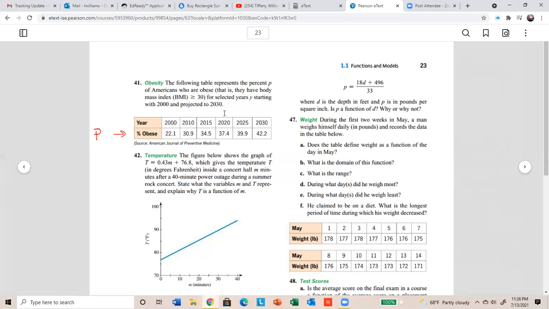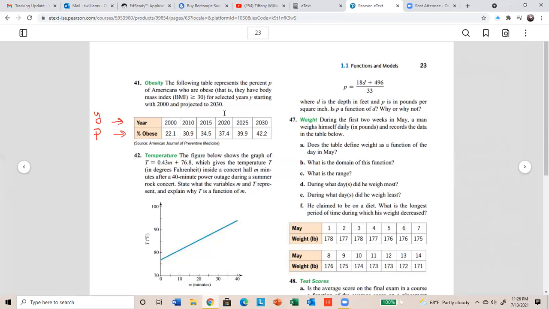So yeah, it's kind of backwards from where we've been seeing our Y. Typically our Y is on the bottom. That's okay. It's just an arbitrary letter. They called it what they wanted to call it. So again, our inputs are going to be the years. Our outputs are going to be the percentages. So we want to figure out, is this thing a function?